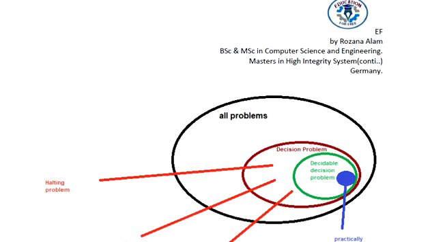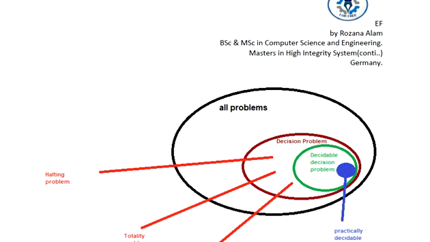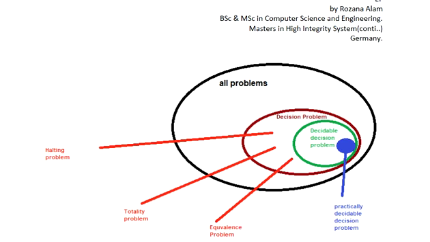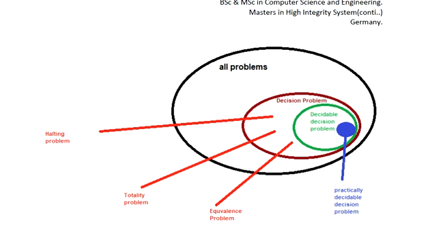So, you can see in this picture that we have different kinds of problems. In the black circle, there is a small subset that is the decision problems, which also contain different kinds of undecidable problems: the halting problem, the totality problem, the equivalence problem, and also some problems which give output yes or no. Inside of that we have the decidable decision problems, like factoring and many other problems.